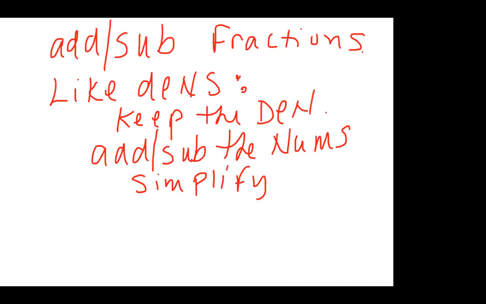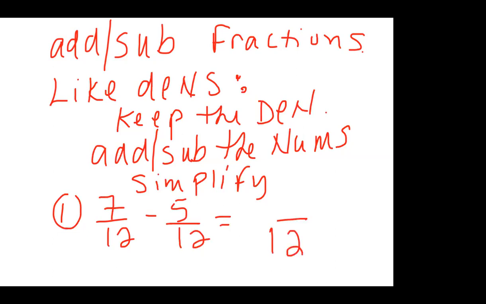Now, here's a quick example. 7/12 minus 5/12. Since the denominators are alike, we keep the denominator of 12, and then we go ahead and subtract. 7 minus 5 leaves us with 2. Now, 2/12, guys, needs to be simplified. Remember in My Math Lab, you must simplify your answers.